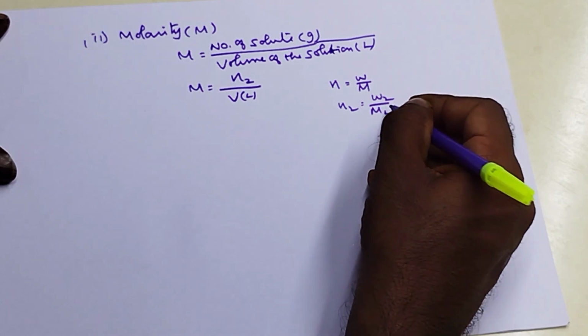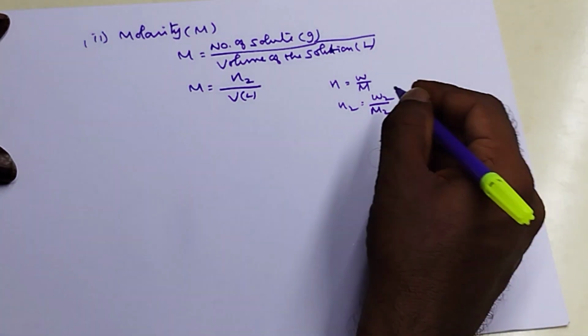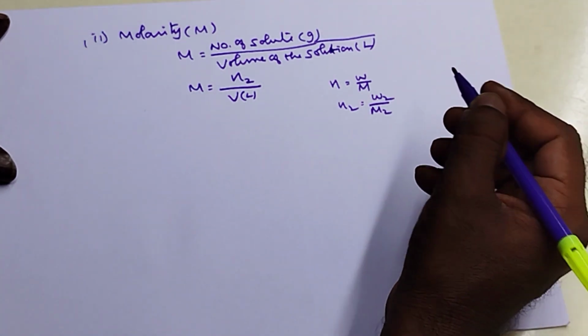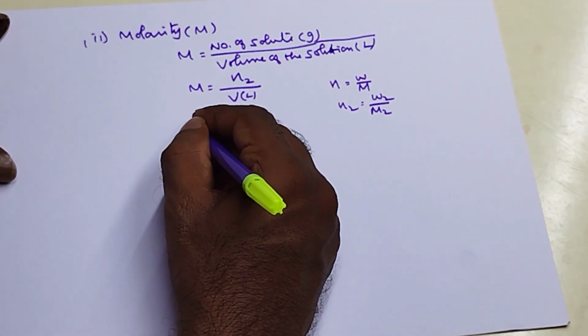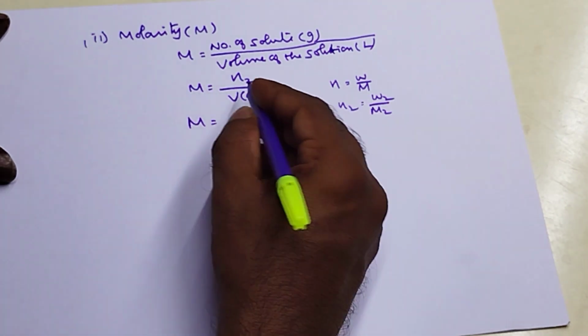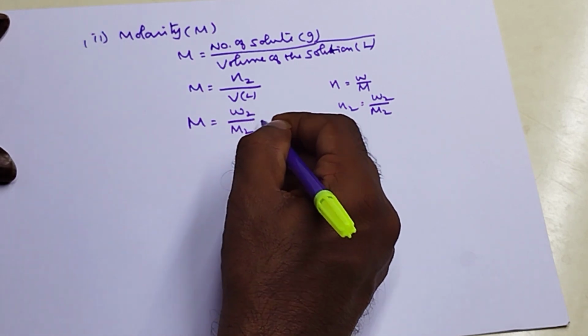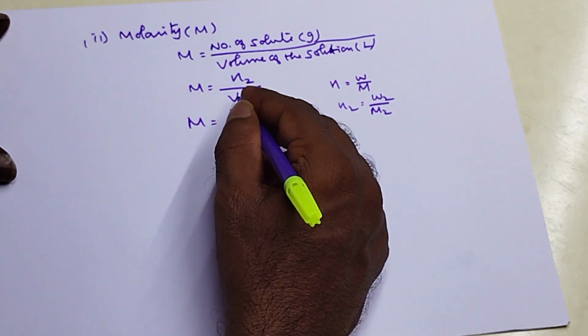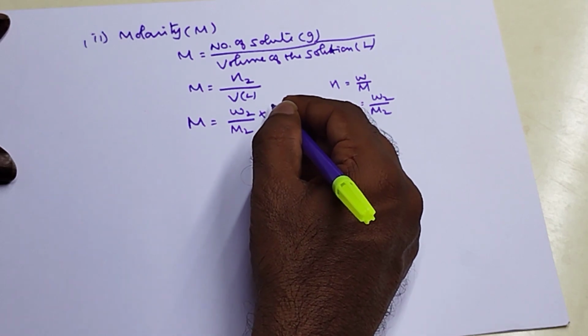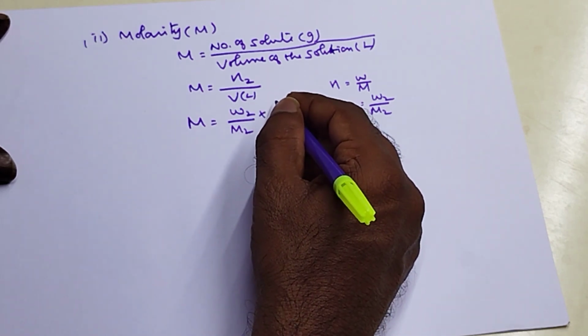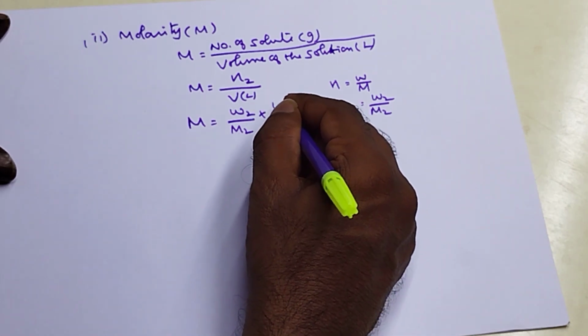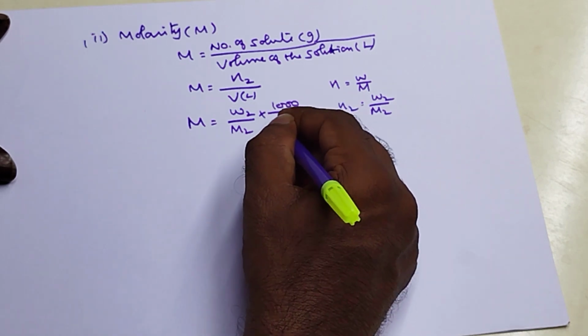What are W2 and M2? Mass of solute and molar mass of solute. So you express the formula as M equals W2 by M2 into, if the volume is expressed in milliliters, then 1000 divided by V in mL.